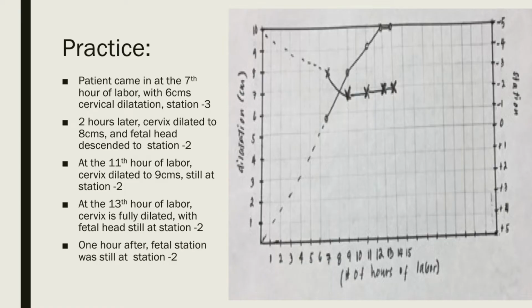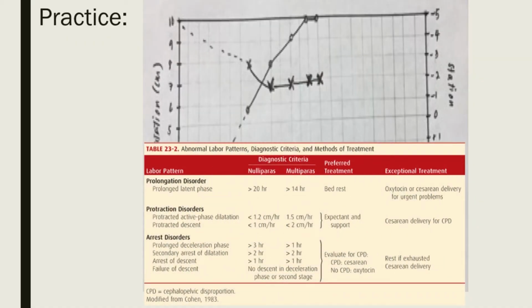The first question to ask yourself is, is the patient at the time of examination in the latent phase or the active phase? Well, obviously, this cervical dilatation reached 10 centimeters, and therefore, automatically, the patient is in the active phase at the time of presentation. Again, we will guide ourselves using this table.